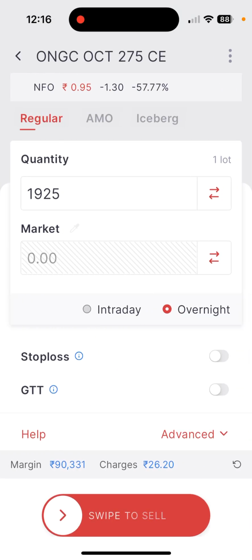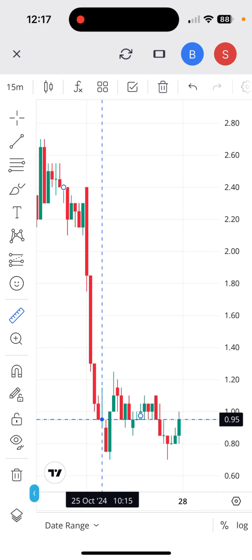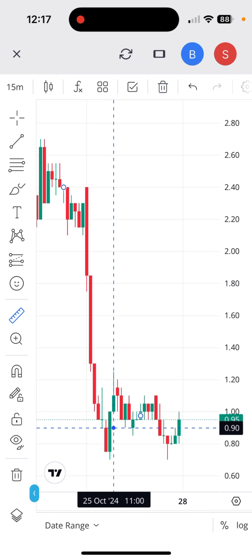And how much does it require? 90,000 it requires. And the lot size is 1925. Right. So 0.3 of 1925, it's almost 600 rupees. 600 rupees in how much time? Until 10:45. So 9:50 to 10:45, less than an hour, we get 600 rupees.